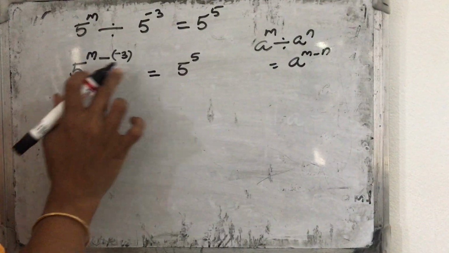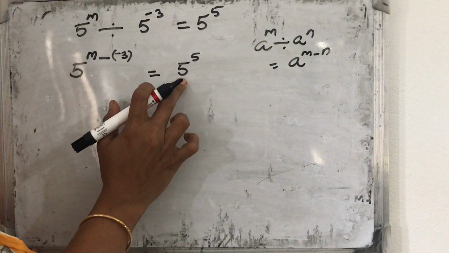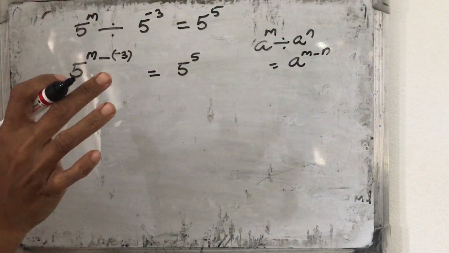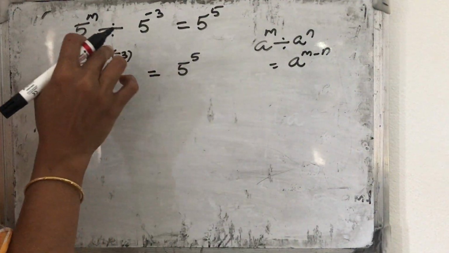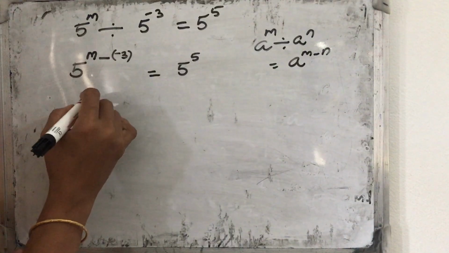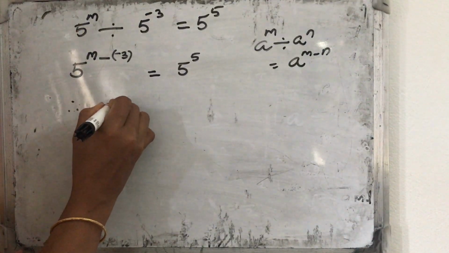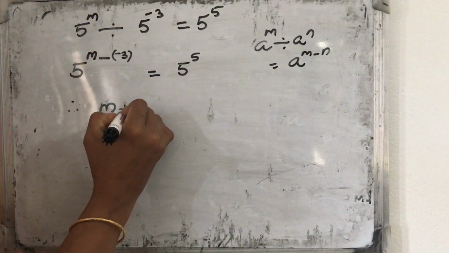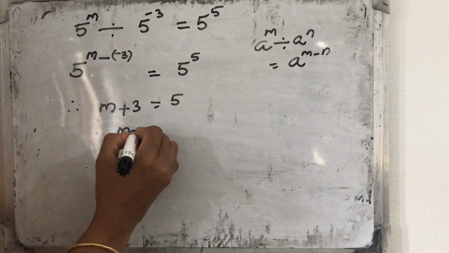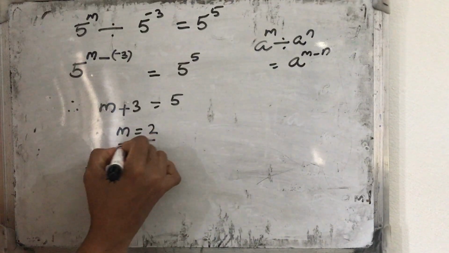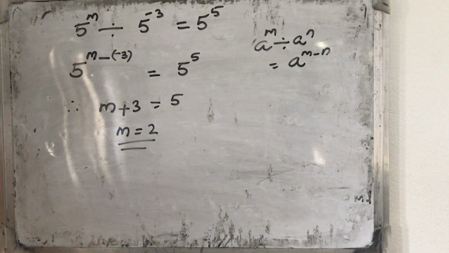Now you look here, both have the same base, so their powers also will be the same. If the bases are the same, we can equate the powers. Therefore m minus minus 3 means m plus 3. m plus 3 is equal to 5. That means m is equal to 5 minus 3, which is equal to 2.